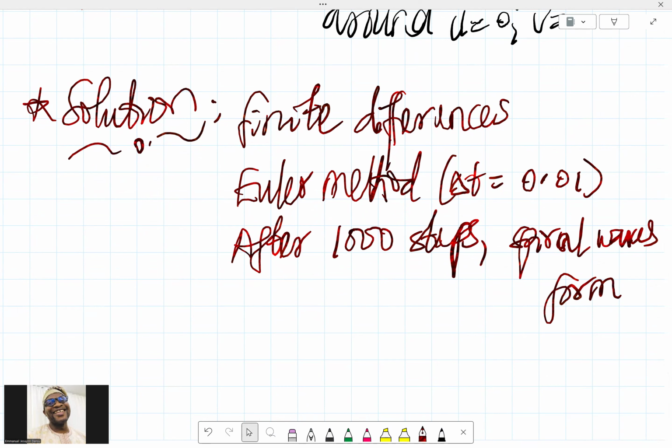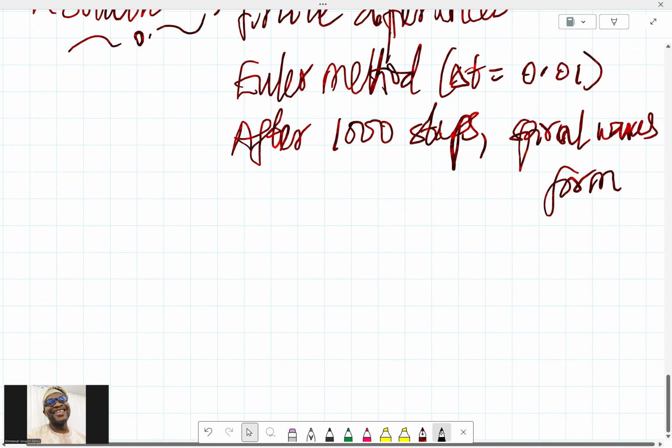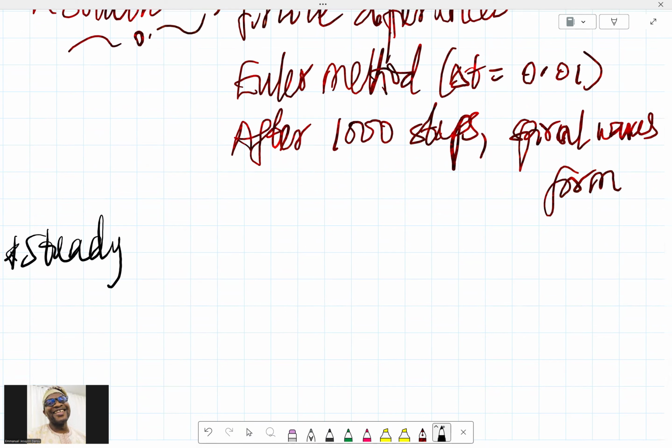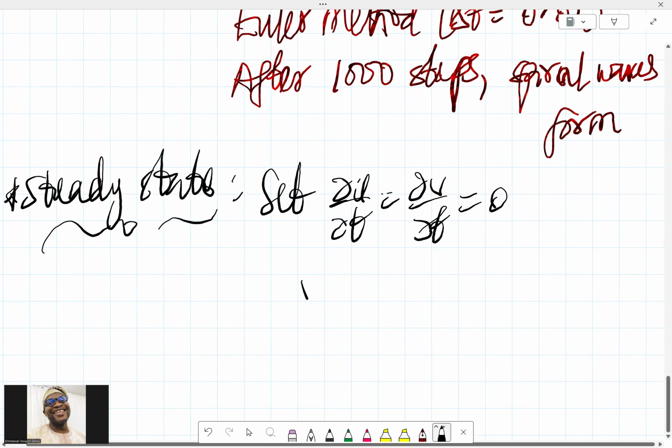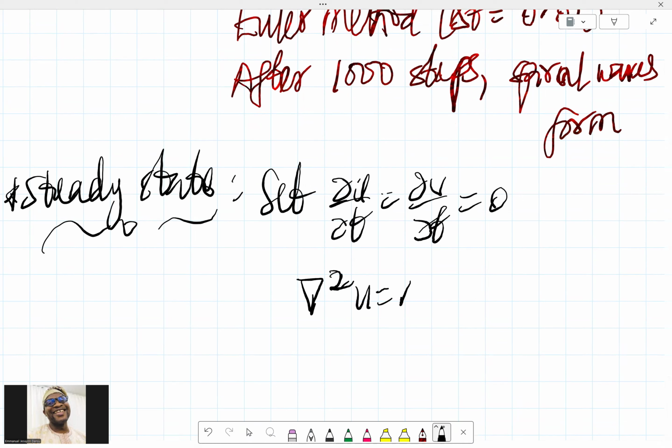Okay. Then talking about the steady state now. For the steady state, as usual, we set partial U, partial T equal to partial V, partial T equals 0. In the same way, grad squared U will be equal to grad squared V, and that is equal to 0. And this talks about uniform states.